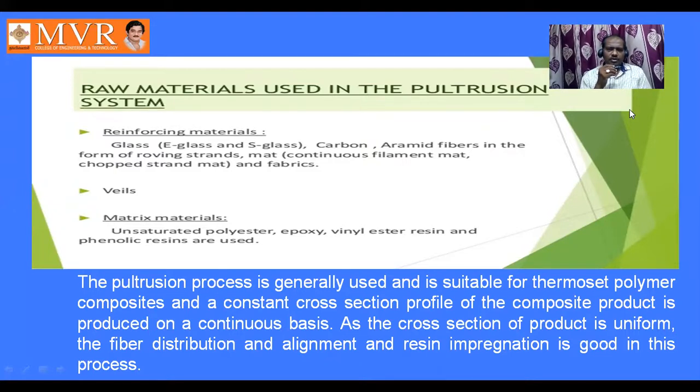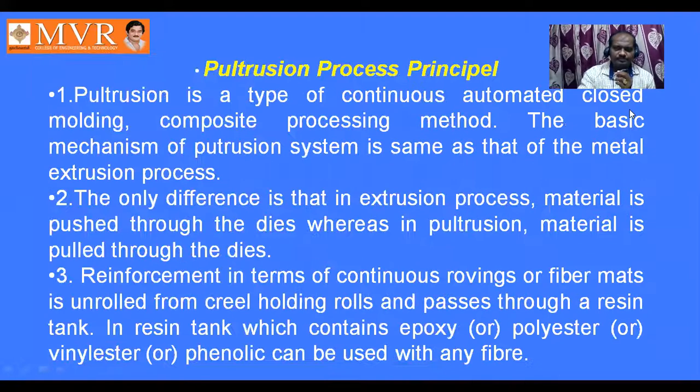So it is a combination of fiber distribution, alignment of matrix and resin integration that is done in this pultrusion process. It is a continuous process which is suitable for thermoset polymers.